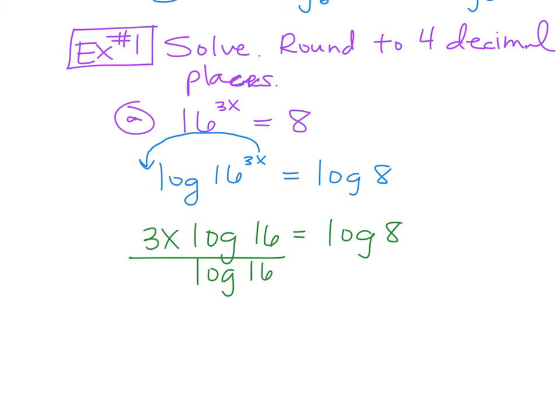Now, here's the deal with this. This is probably the only place that I feel like mistakes get made for silly reasons. When you plug this into your calculator, log 8 divided by log 16, try it. Plug it into your calculator. Tell me what you get.